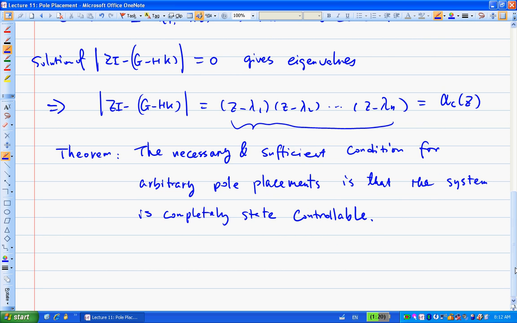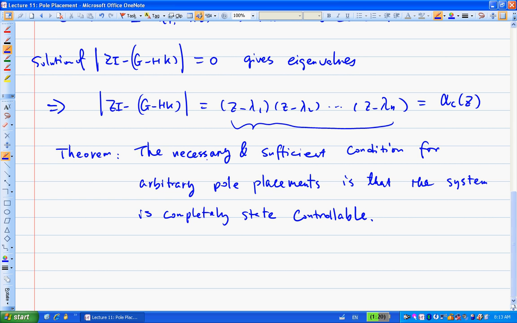So in the previous lecture we learned controllability and observability, right? Controllability basically says that if the system is controllable, then you can find some piecewise control input to bring your initial state to a certain final state within a limited number of sampling periods. That's controllability.